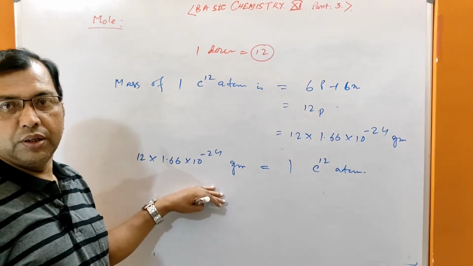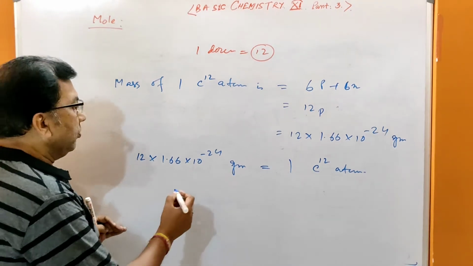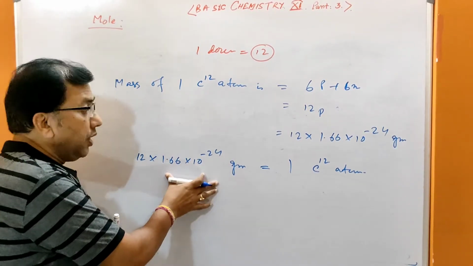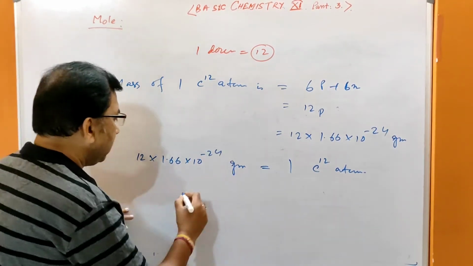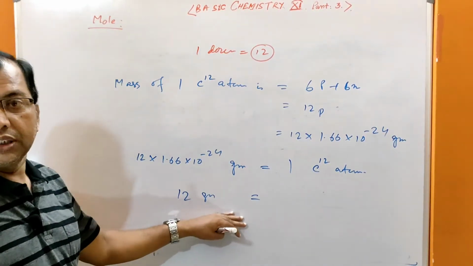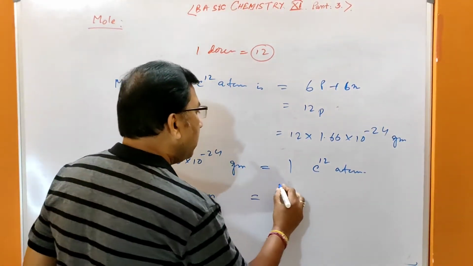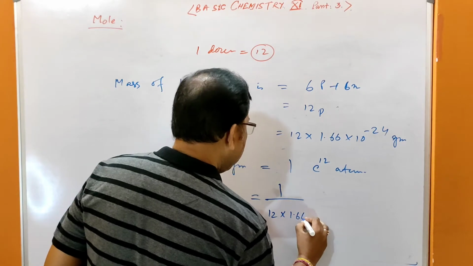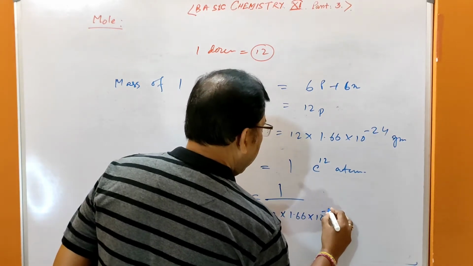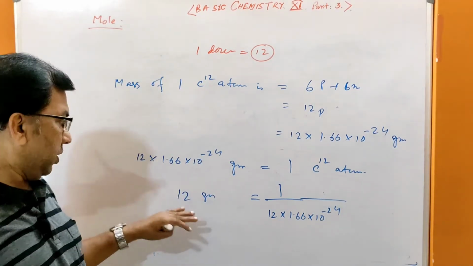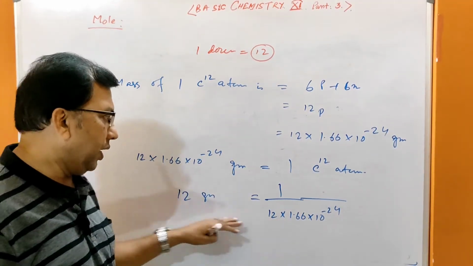Only one atom. Therefore, 12 grams of carbon-12, what will be the mass? How many atoms will there be? 1 by this, 1 by 12 into 1.66 × 10^-24. Clear?